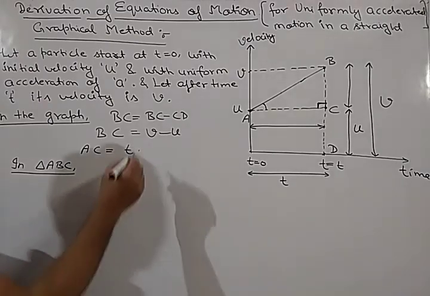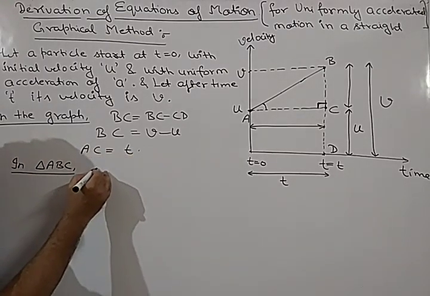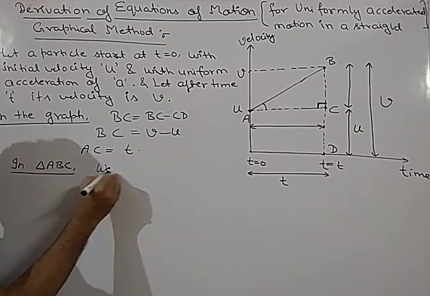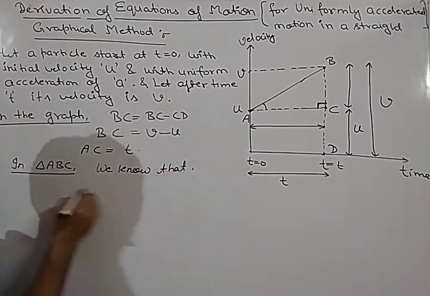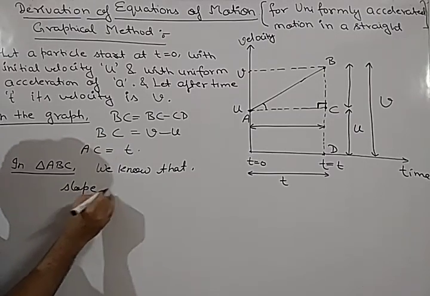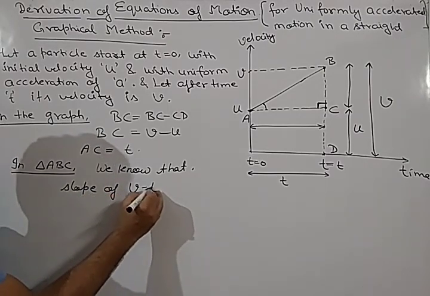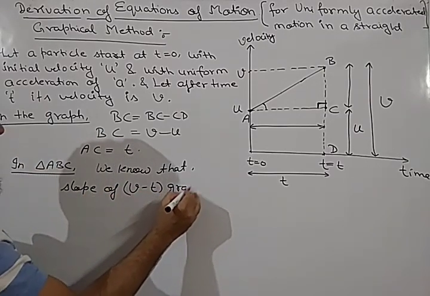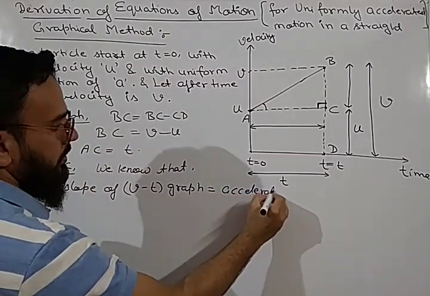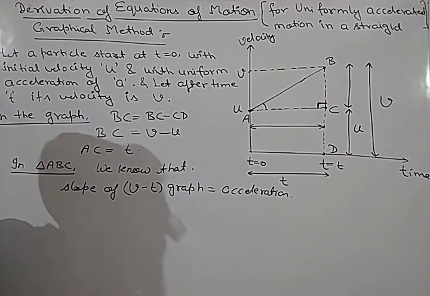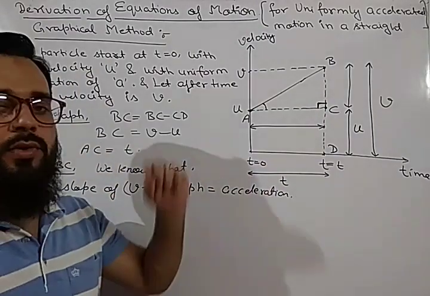So let us find in triangle ABC. We know that slope of velocity time graph is equal to acceleration.